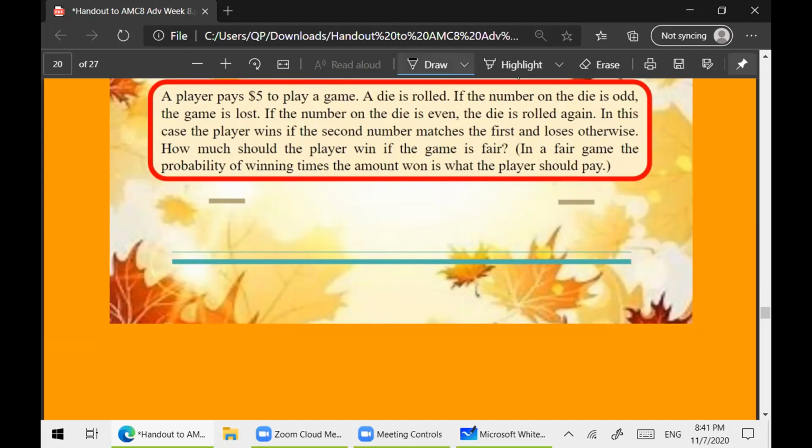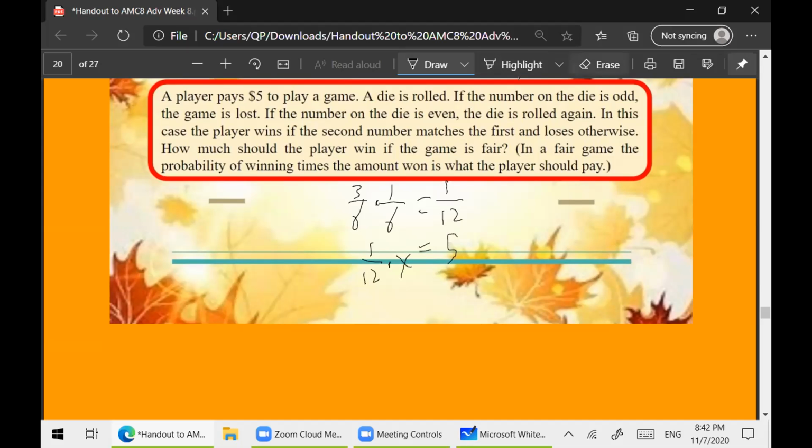All right, so for this problem, there's a 3/6 chance that the number on the die is even when you roll it for the first time, and then there's a 1/6 chance you roll the same number when you roll it a second time, and this simplifies to 1/12. So for it to be fair, you need 1/12 times x, where x is the amount that the player should win, equals 5.